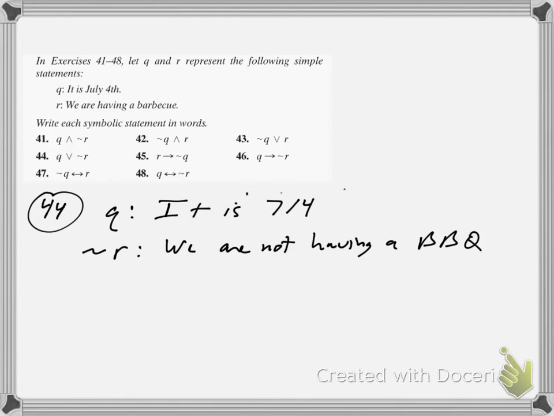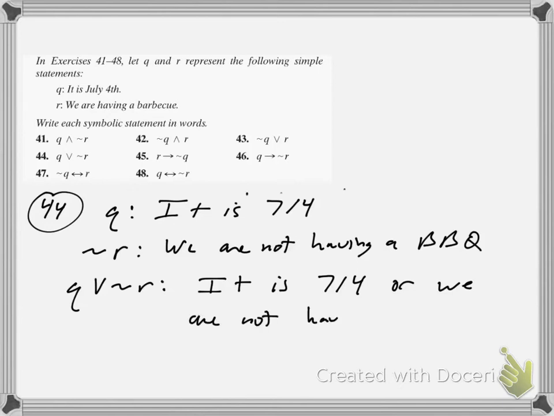So Q or not R would be, it is 7/4 or we are not having a BBQ.